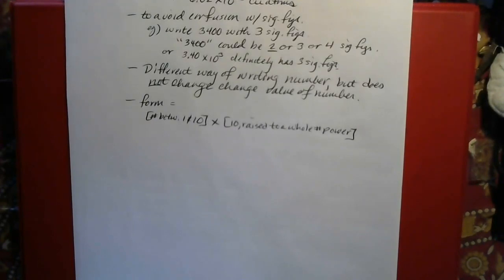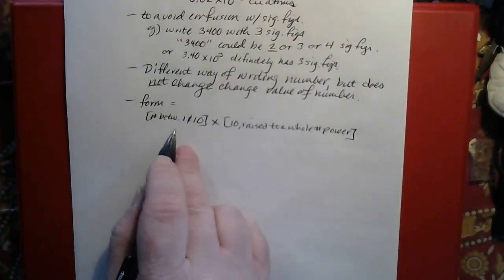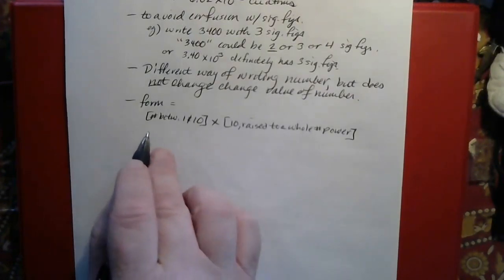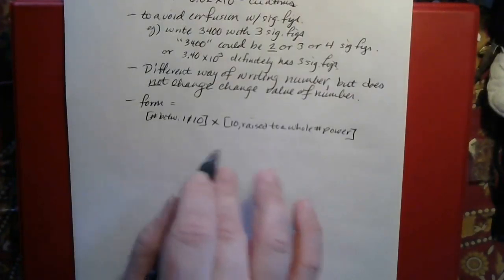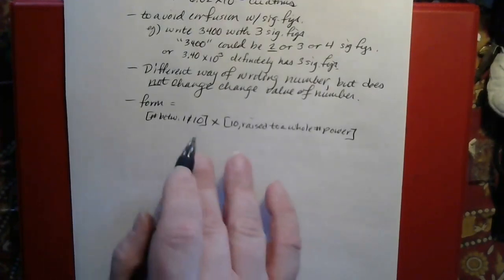Okay, so those parts are both important. The first part of the number has to be between 1 and 10. It can't be 0.5. It can't be 16.8. It has to be between 1 and 10. And you can get it to be between 1 and 10 by moving the decimal point one way or the other, left or to the right.